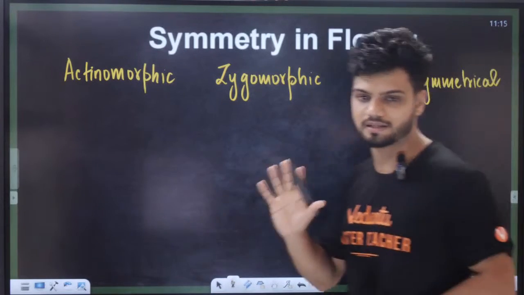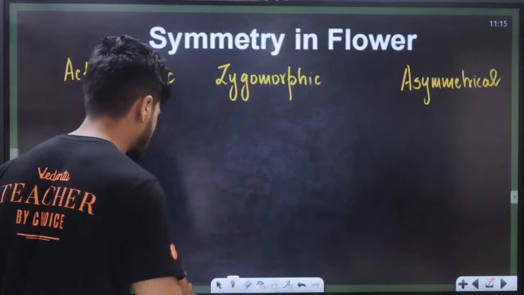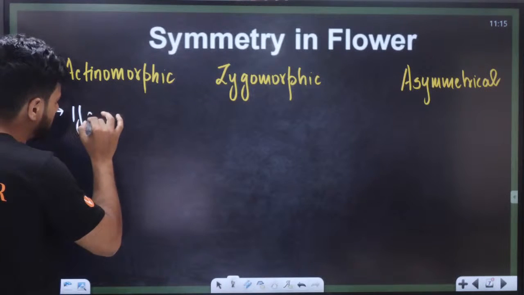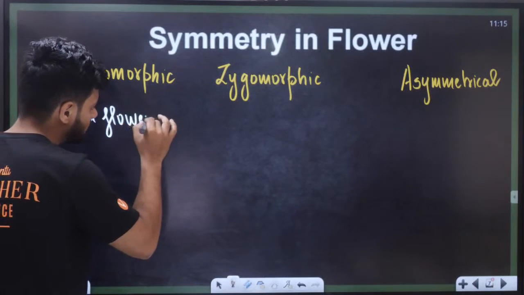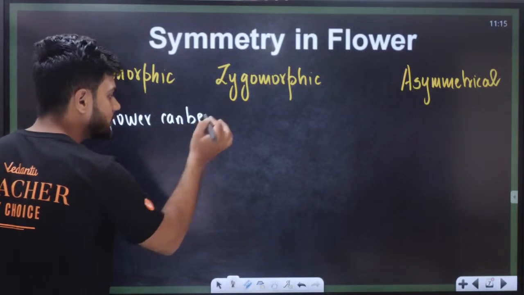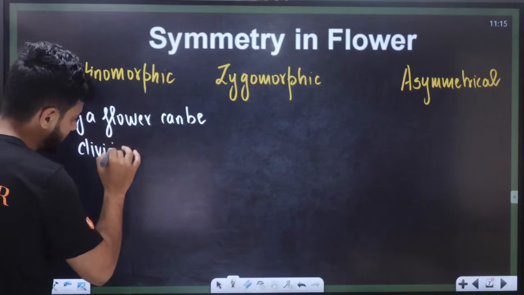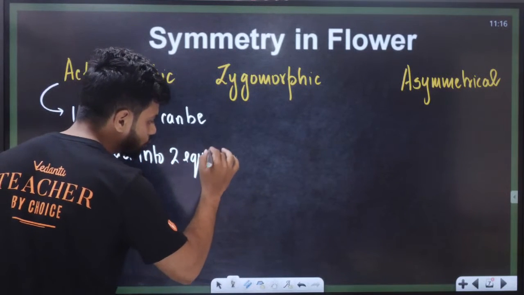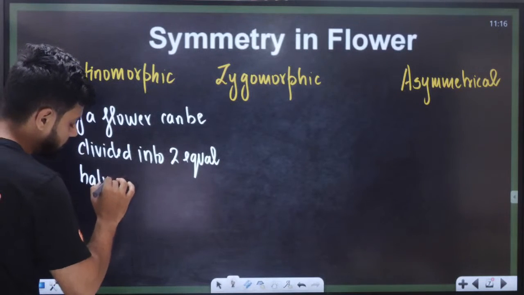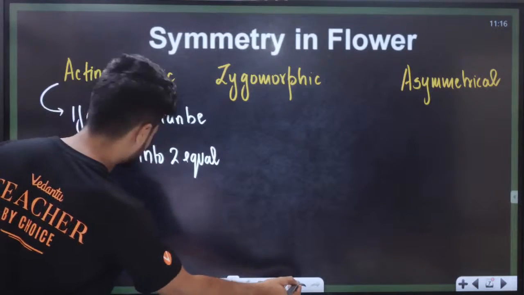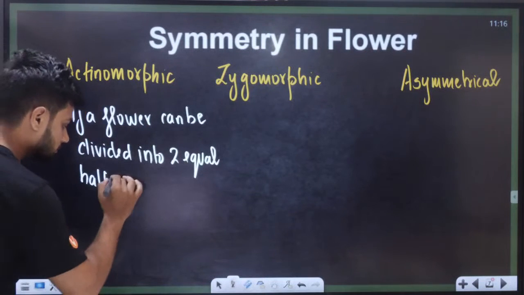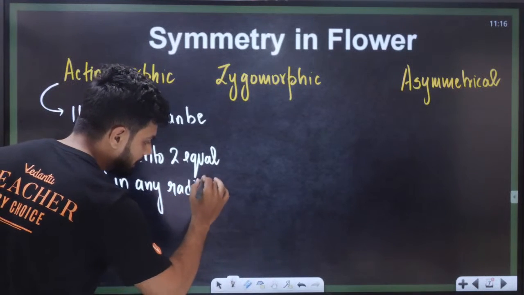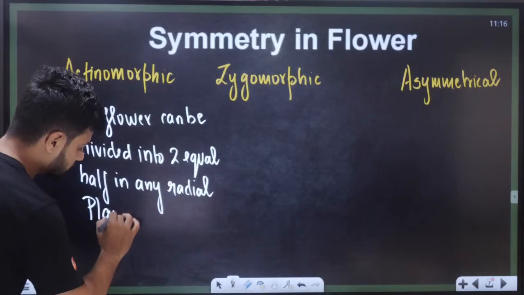In the case of actinomorphic, if a flower can be divided into two equal halves in any radial plane, it is called actinomorphic.